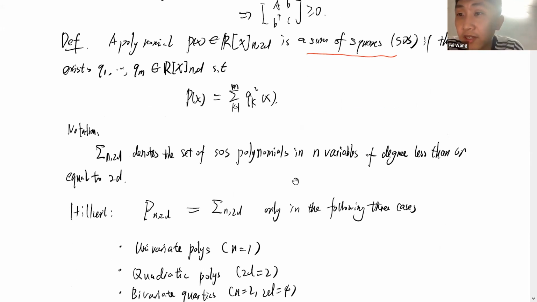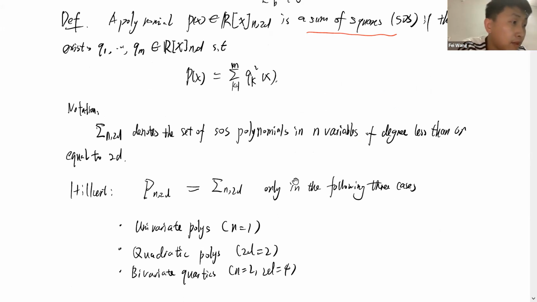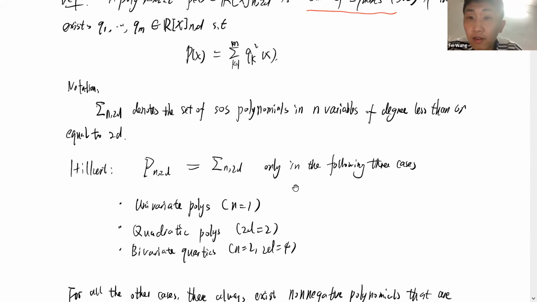There's a notation for sum of squares polynomials: Sigma n,2d denotes the set of sum of squares polynomials in n variables of degree less than or equal to 2d. We know from Hilbert's theory that the set of non-negative polynomials is equal to the set of sum of squares polynomials only in the following three cases.